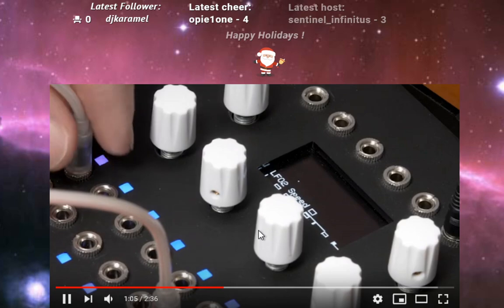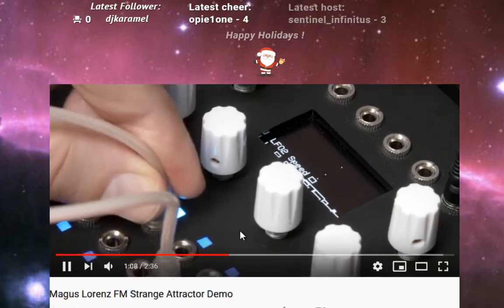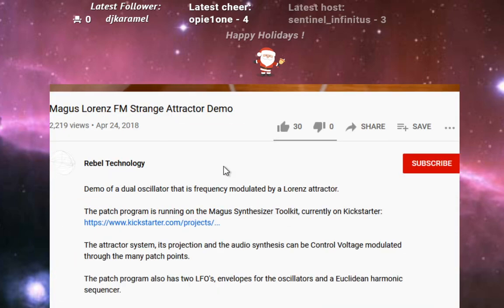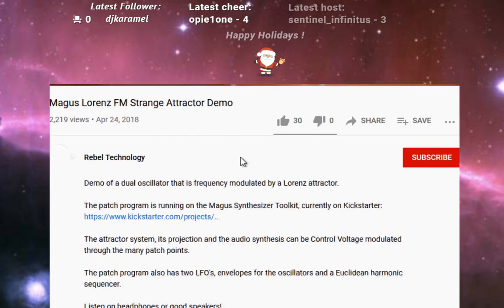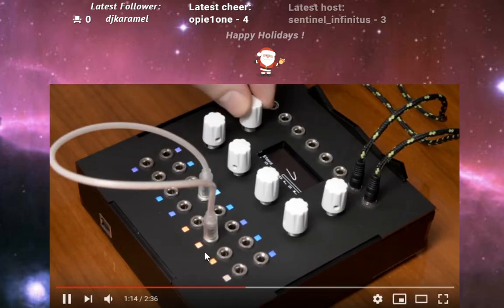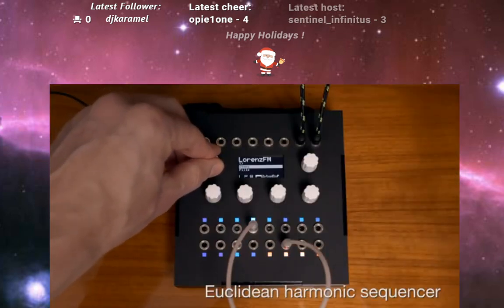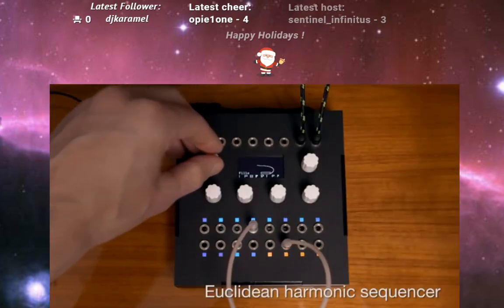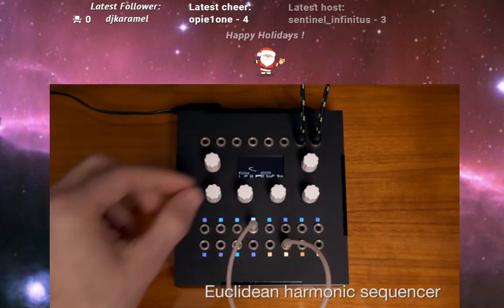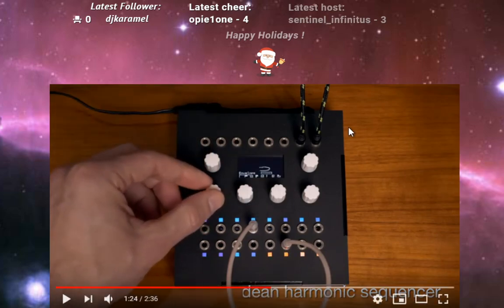There's not a lot of frequency variation in this rig. It all seems to be, well, I don't know, maybe it's just me. I guess you can adjust stuff with that. I don't know. Who knows?